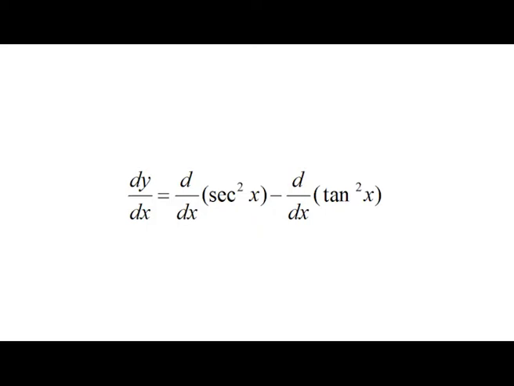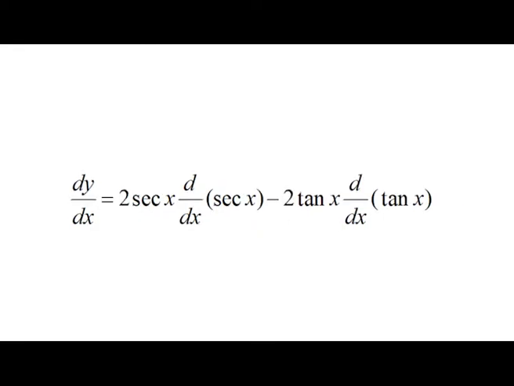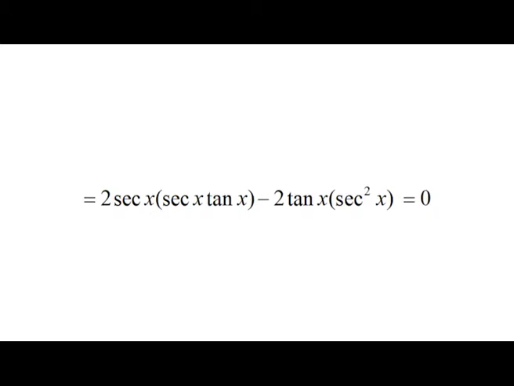By applying chain rule, the above gives dy by dx equal to 2 sec x into d by dx of sec x minus 2 tan x into d by dx of tan x, that equals 2 times sec x into tan x minus 2 tan x into sec square x, the difference is equal to 0.